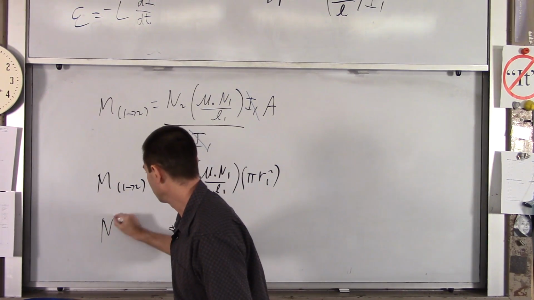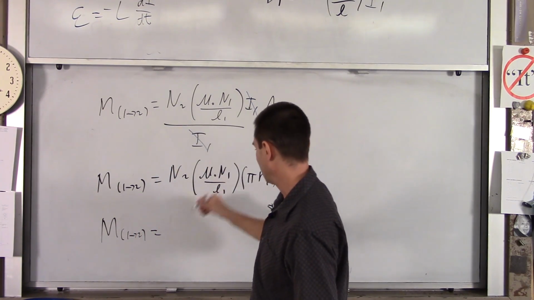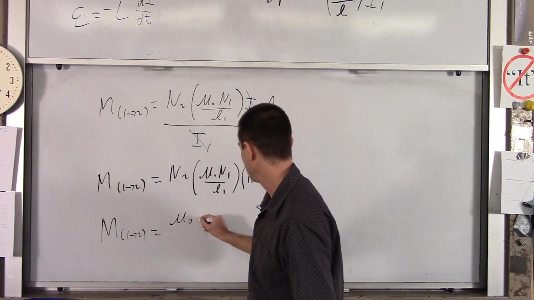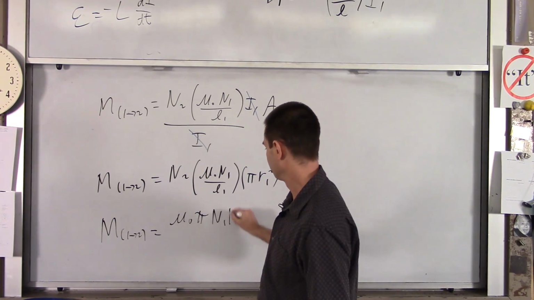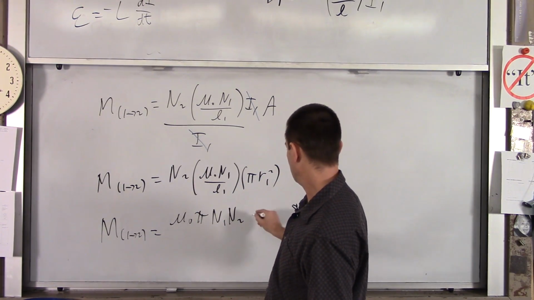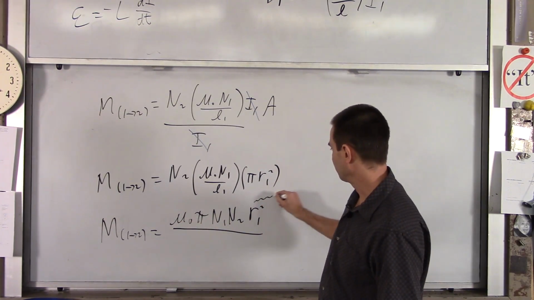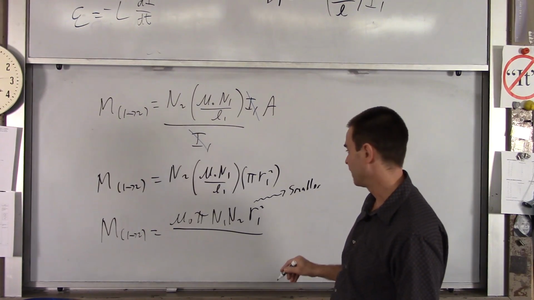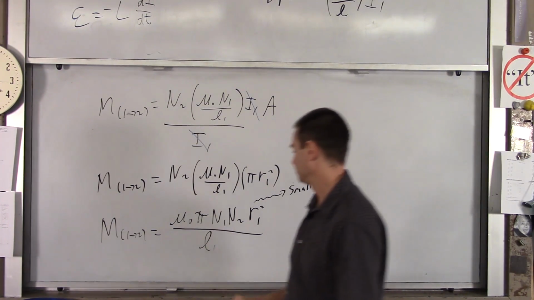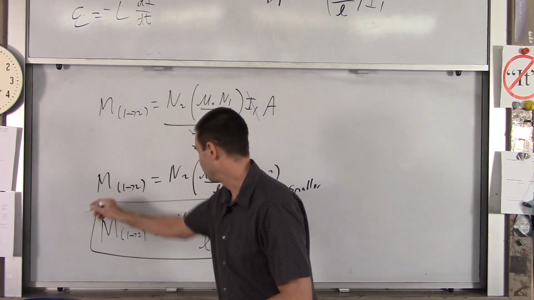So the mutual inductance of 1 to 2, now I'll rearrange this. We've got mu naught, a pi, N1, N2, and R1 squared. But in general, and I'll make a note of that, that's always the smaller of the two radii, over L1. That's our answer, the mutual inductance between 1 and 2.